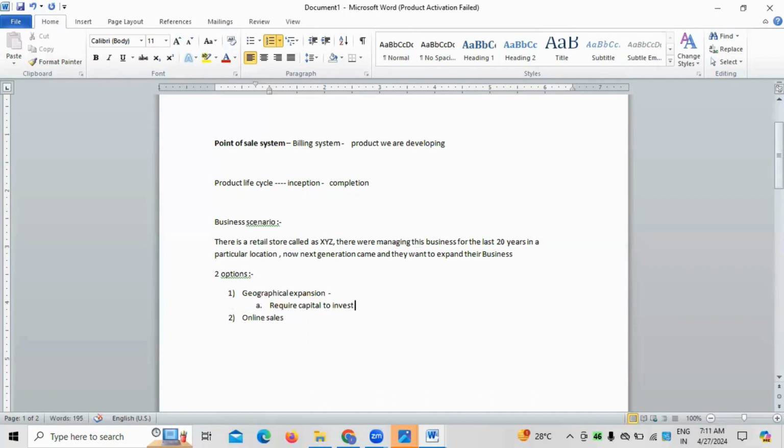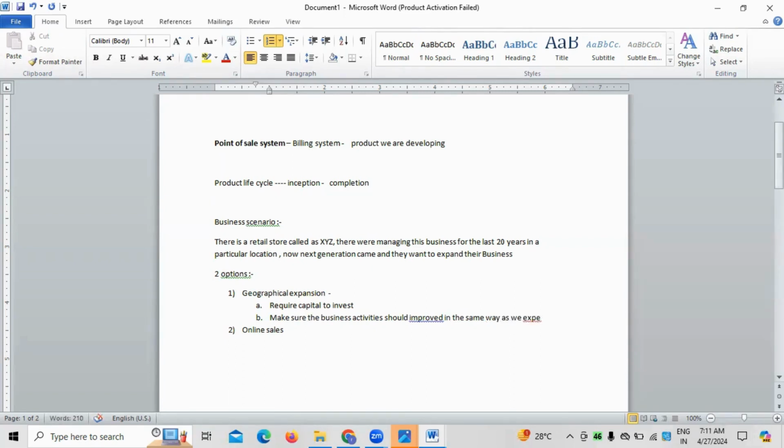Next, second point: make sure the business activities improve in the same way as we expect.